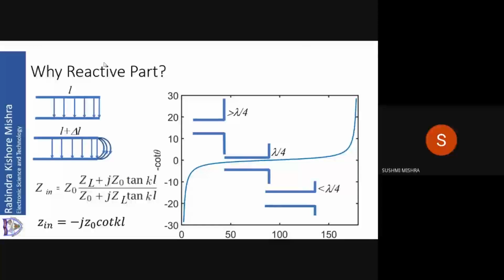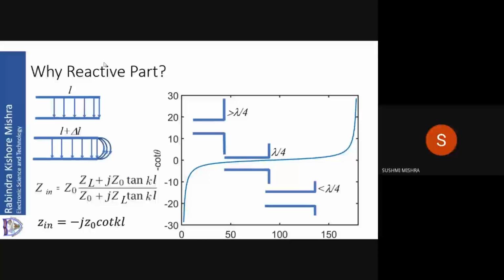So it is inductive. Because of the fringing field, what actually happens is the electrical length is extended, and so we do not get a perfect open circuit at the physical ends of the antenna. The open circuit is slightly away from that, which means the electrical length has increased. So it is no more lambda by 4, it is greater than lambda by 4 on each side.